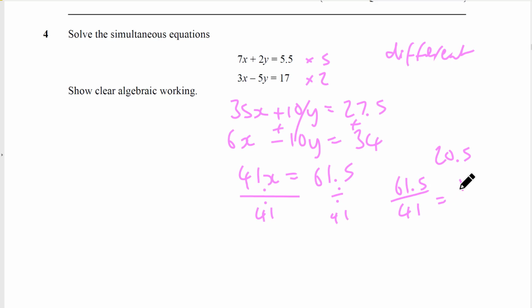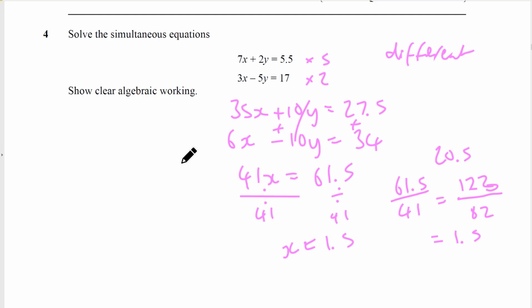Thinking of a way. Well, I know the answer, x equals 1.5, because 1.5 times 41 is 61.5, but let's just try to give you another way. That's 123 over 82. Hopefully you can see that's 41. Hopefully you can see that's 1.5.